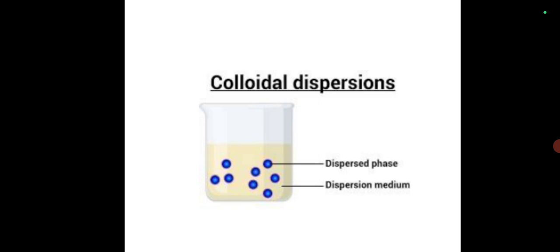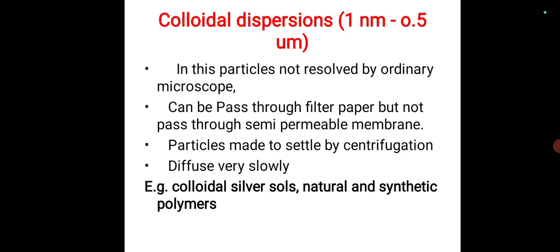Next, we are going to talk about colloidal dispersion parameters. These particles are not resolved by an ordinary microscope because the particle size is 1 nanometer to 0.5 micrometer, so we can see them with an electron microscope.